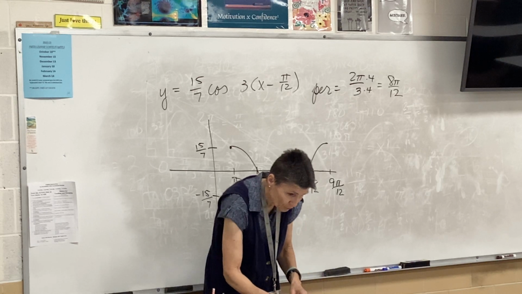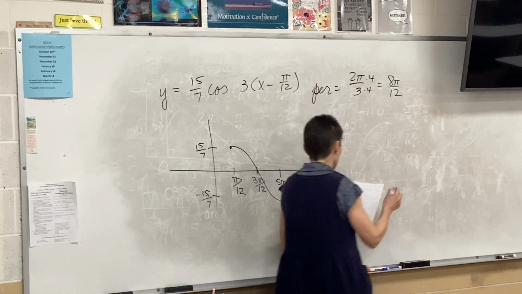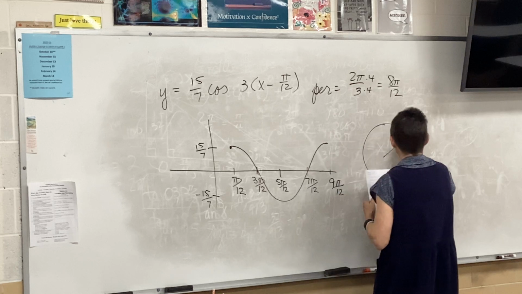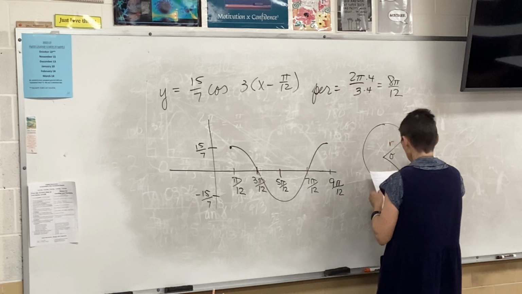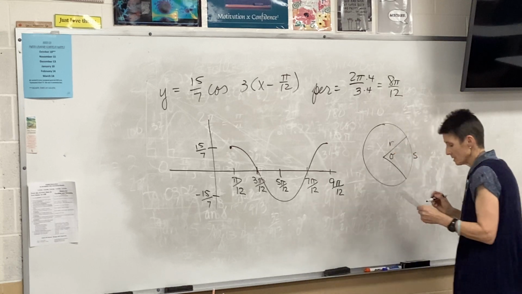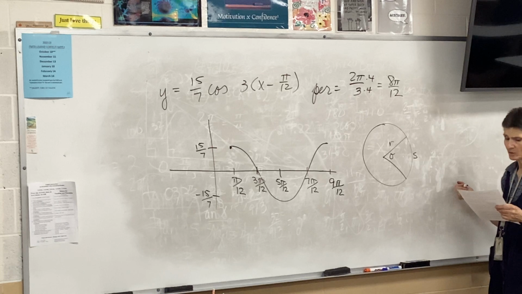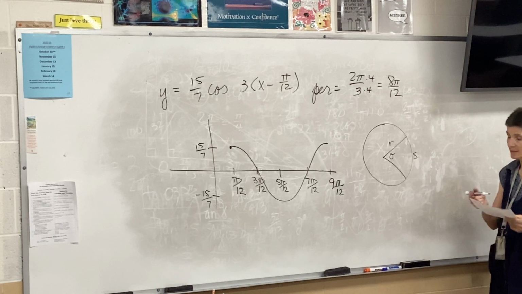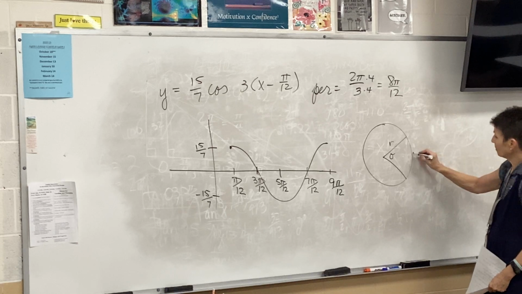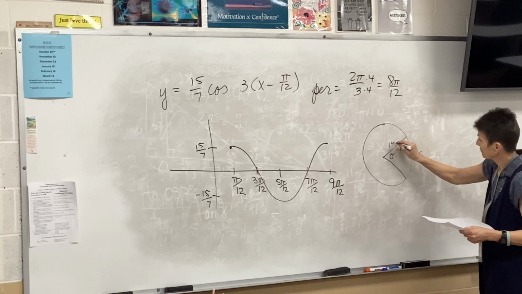Now, review 2, number 4. So here's my setup. The first question, I think I did the second one of these already, but I'll do it again. The first one is about arc length. It talks about S. So this is 12 pi. The radius is 14.